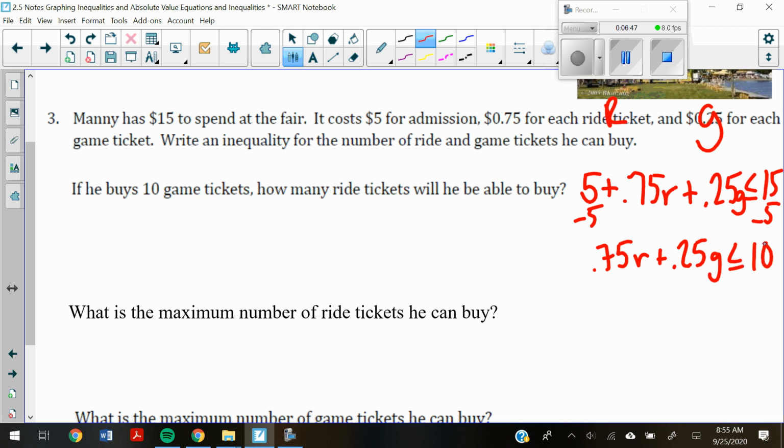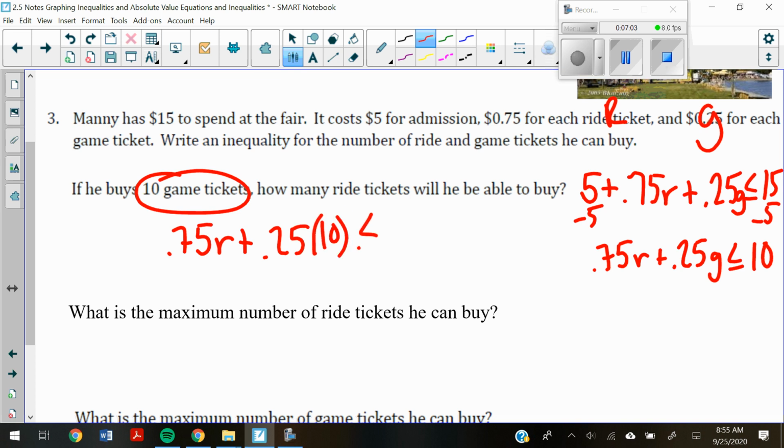All right, so if he buys 10 game tickets, how many ride tickets will he be able to buy? So we're going to plug 10 in for G. 0.75R plus 0.25 times 10, is less than or equal to 10. 0.75R plus 2.5, that's what 0.25 times 10 is, is less than or equal to 10.